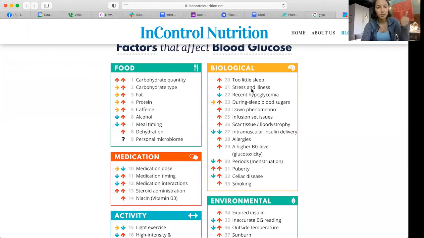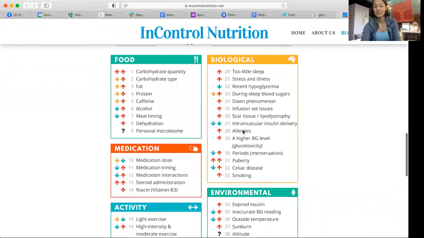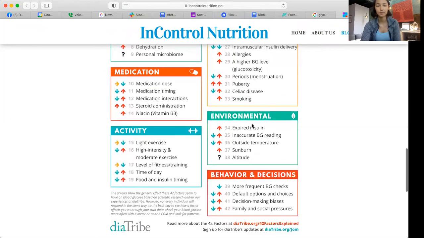Too little sleep, too much stress, absolutely. These are huge. These are a little bit more specific to someone who actually has diabetes, but allergies, isn't that one interesting? Periods, puberty, celiac disease, smoking, all of these can increase or sometimes even decrease your blood sugar as well. Some of these were new to me actually.